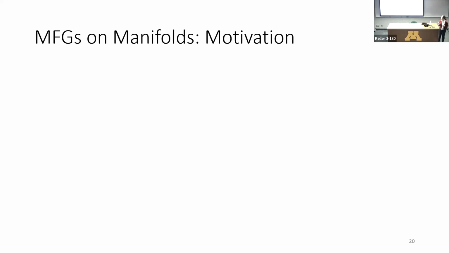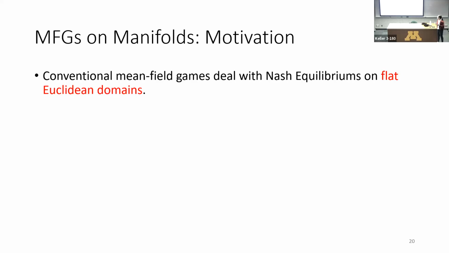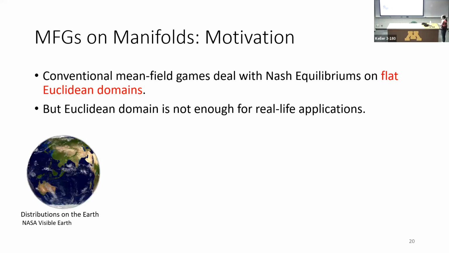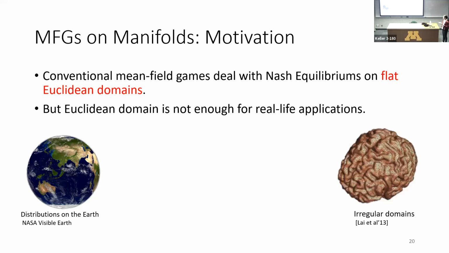But there are many applications where you want to study the density evolution on manifolds instead of just on Euclidean space. For example, you want to study the source distribution on the Earth. This is a problem on a sphere.